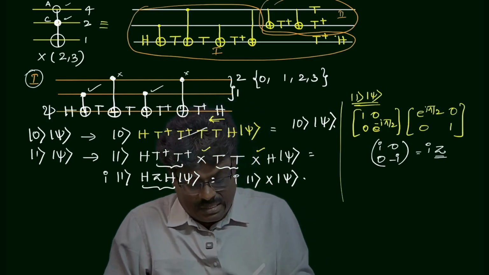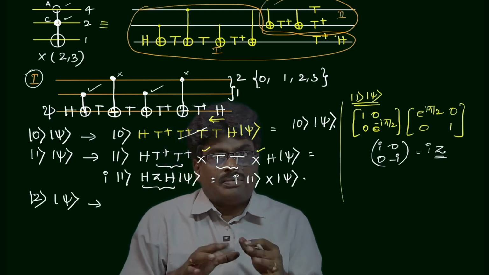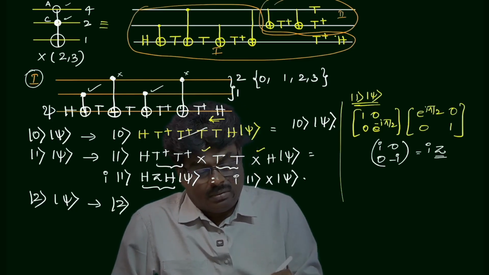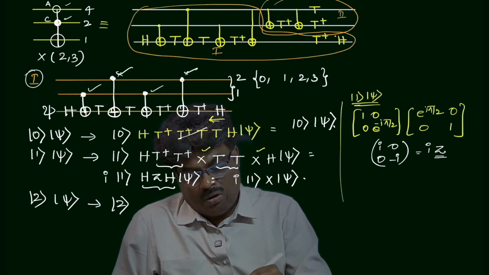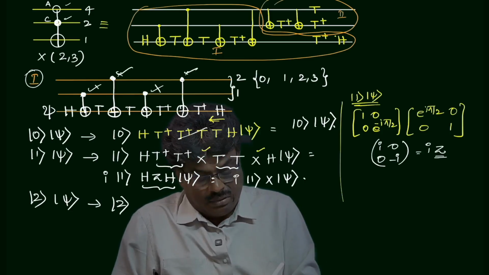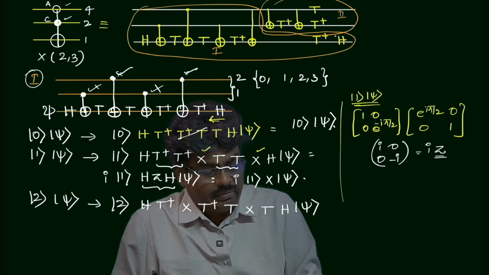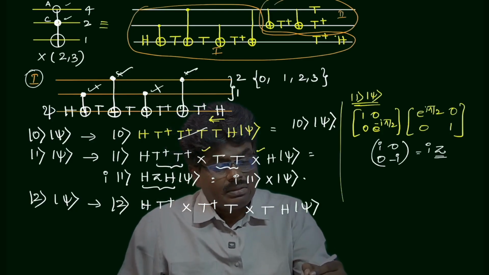Next, if still not understanding, 2 psi. Please pause the video and try to do it yourself. That is a 2. This time these two on, these two off. So H, T dagger on, T dagger off, T on, X, T off, and again H. So please check.